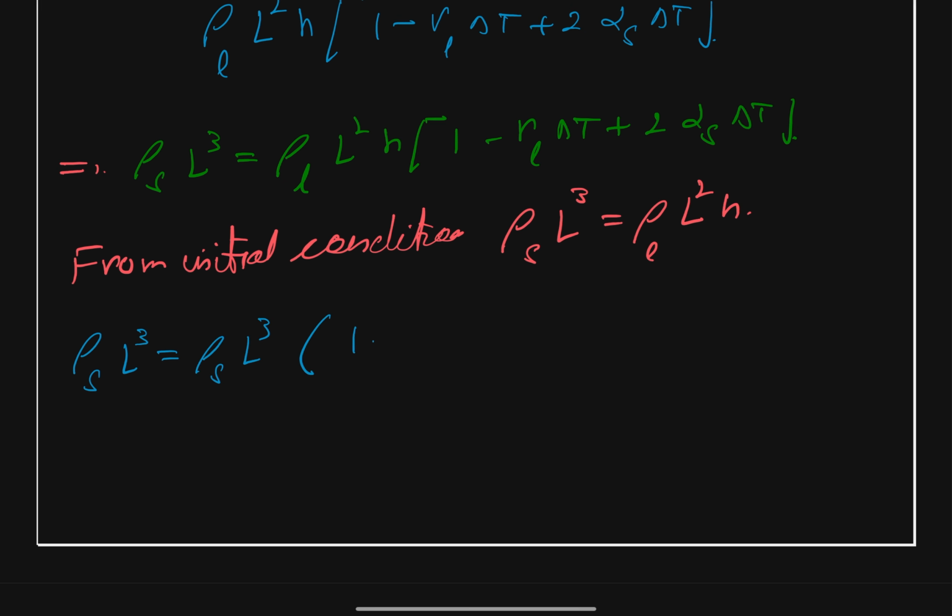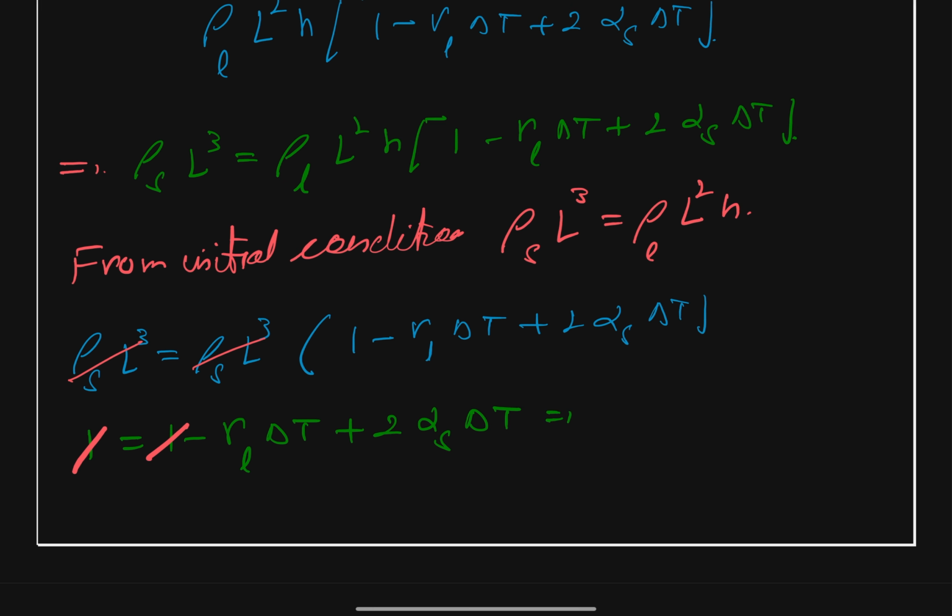We get rho S L cube is equal to rho S L cube times (1 minus gamma L delta T plus twice alpha S delta T). Here these two terms cancel out, so we get 1 equal to 1 minus gamma L delta T plus twice alpha S delta T, and here also the 1 and 1 cancel out.